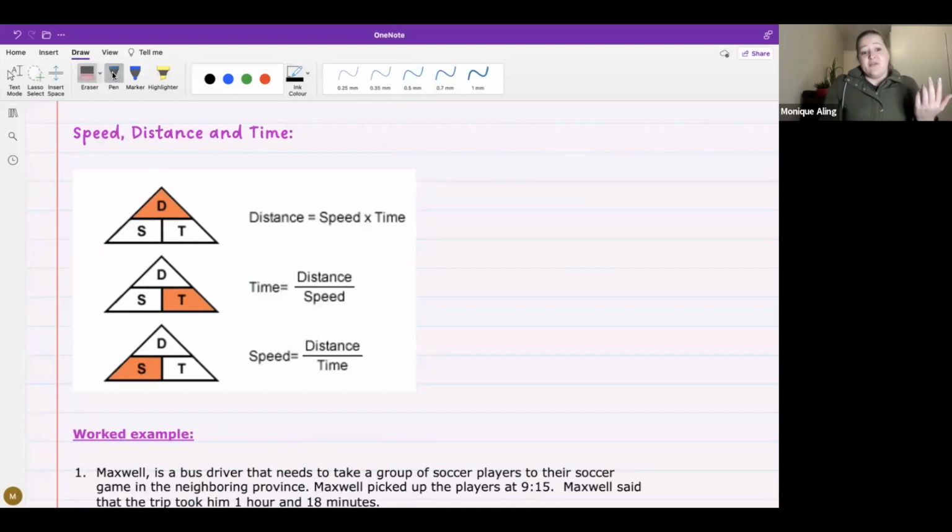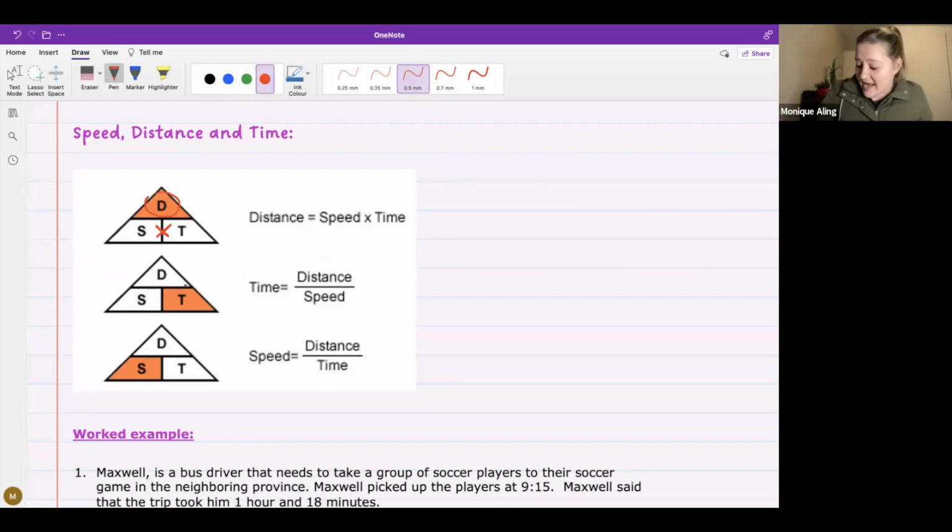Maybe a little trick, just remember the format of this triangle. Let's say, for example, I'm trying to work out distance. This line between S and T basically represents a times sign. So distance equals speed times time.